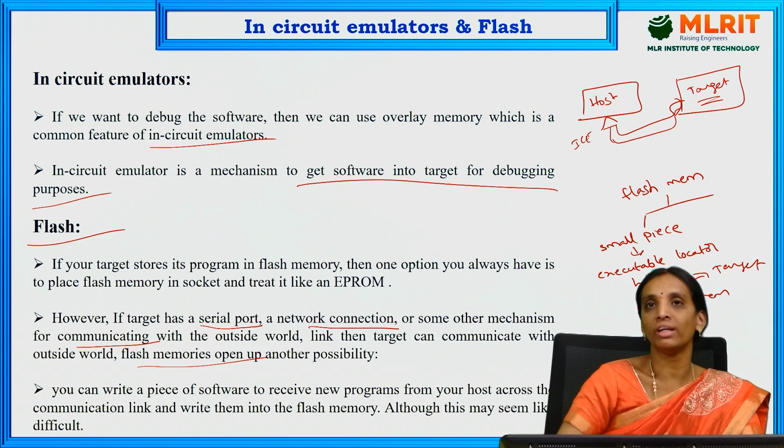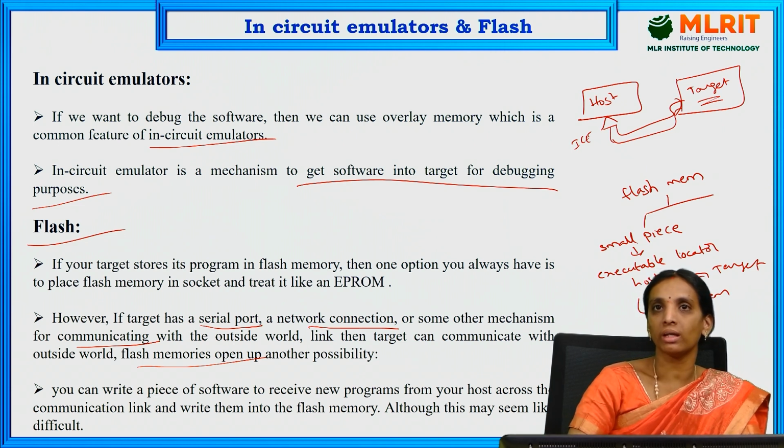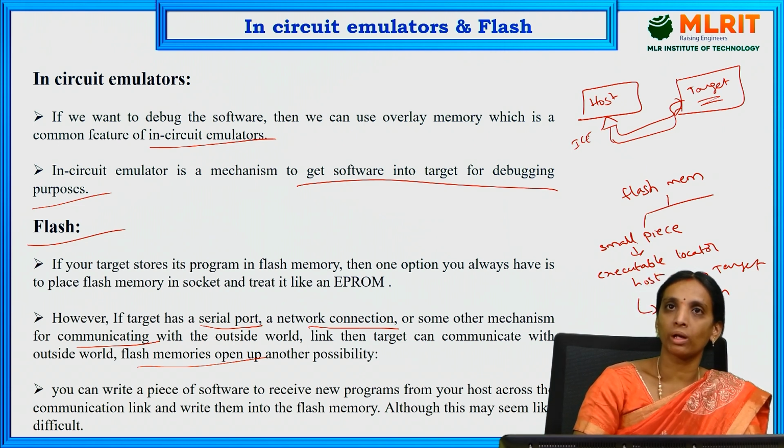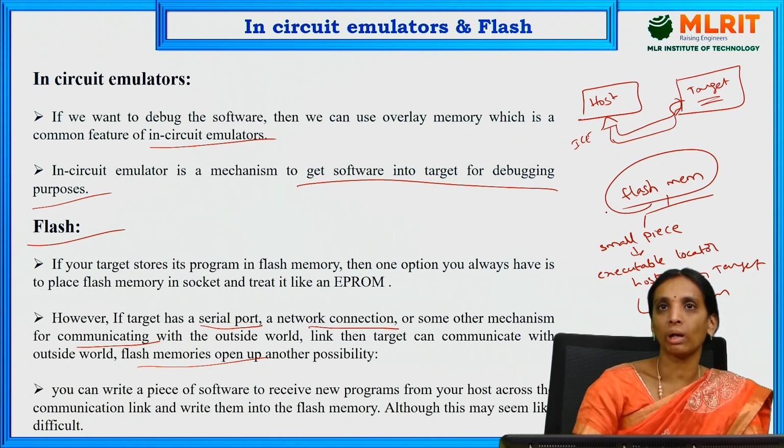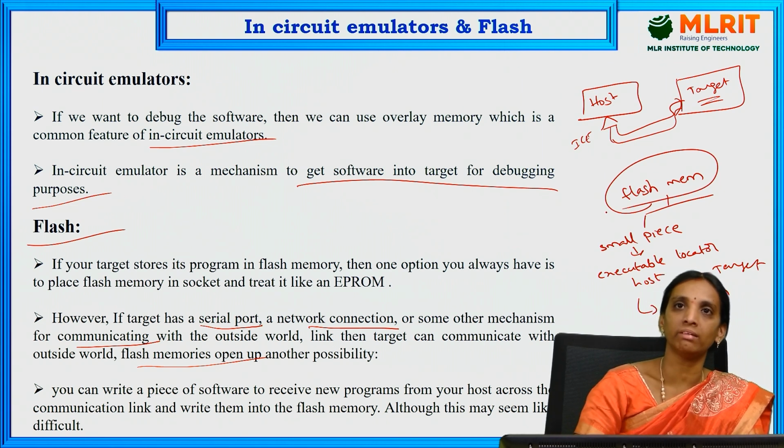If any bugs are there, we can easily erase the program in the flash memory, or remove that piece of software used in the target machine for erasing, and we can easily load our new program into this flash memory.